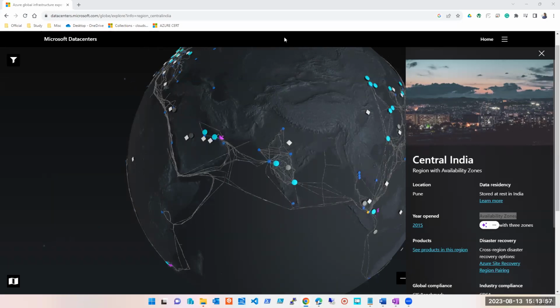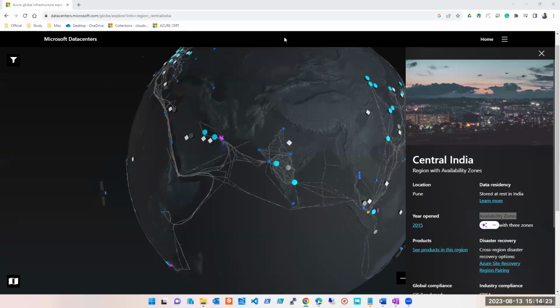Availability zone is a feature of region, and it is not available for all the regions, but it is available only for a few Azure regions. Anyone who still did not understand this? What is the feature? I'm coming to that. I haven't explained what that feature is.